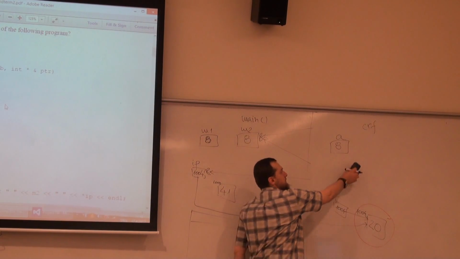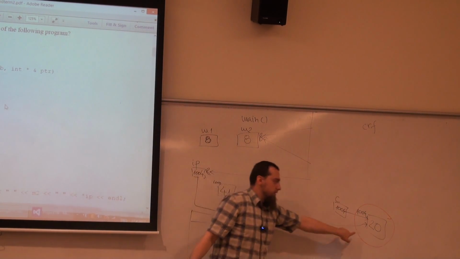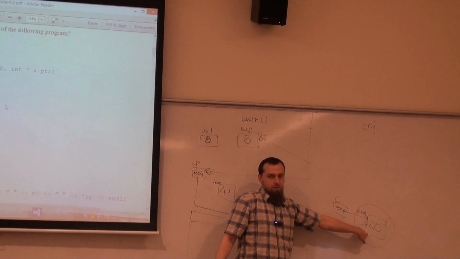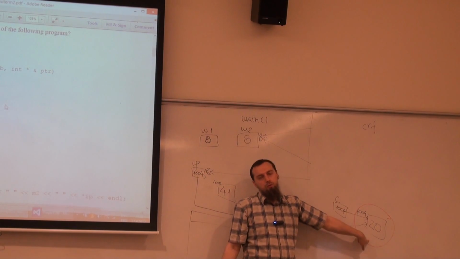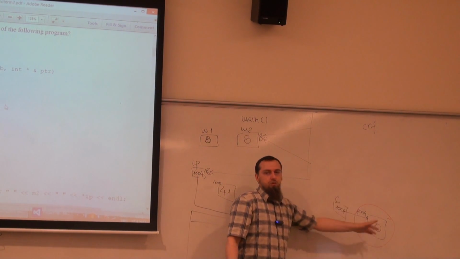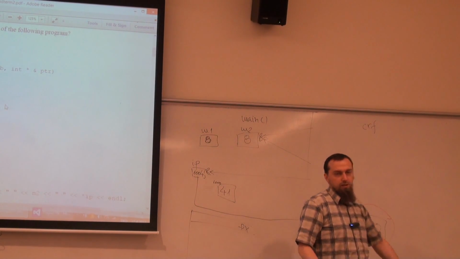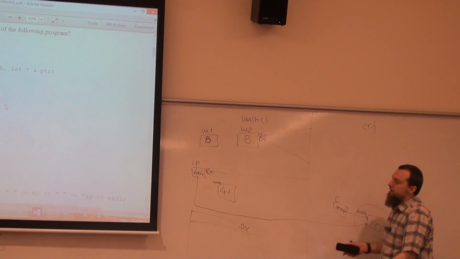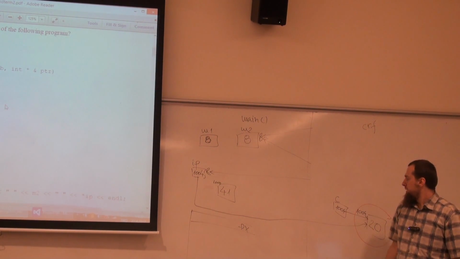No. It's going to be deleted also. But hey, IP is pointing here, so I'm not going to delete it. Or if something else is referencing this guy, again, I'm not going to delete it. In this case, I have a pointer plus a reference. I'm returning a reference. So for sure, it's not going to be deleted. It doesn't have a name, but I have an address by which I can access it.